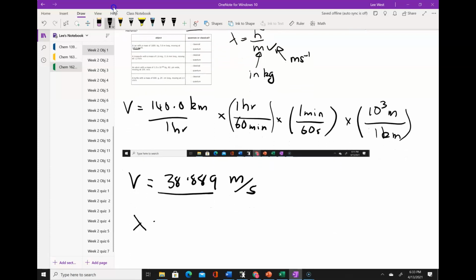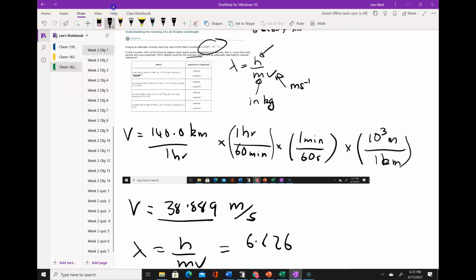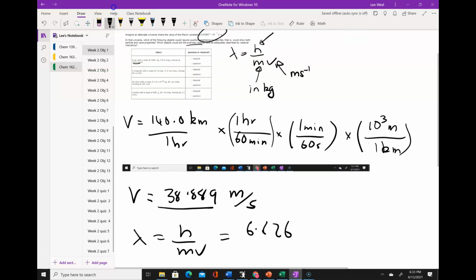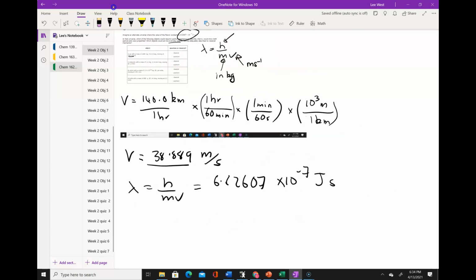So the wavelength is equal to Planck's constant divided by the product of the mass and the velocity. So 6.62607 by 10 to the minus 7 joule seconds. Now, if you want, you can rewrite joules in a different way.